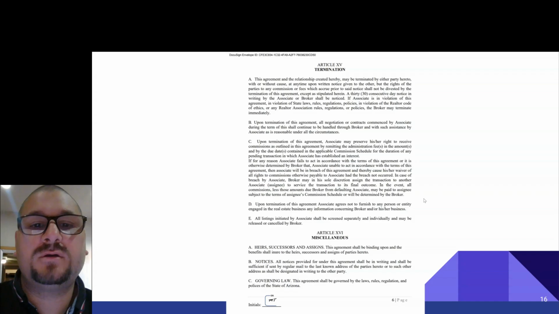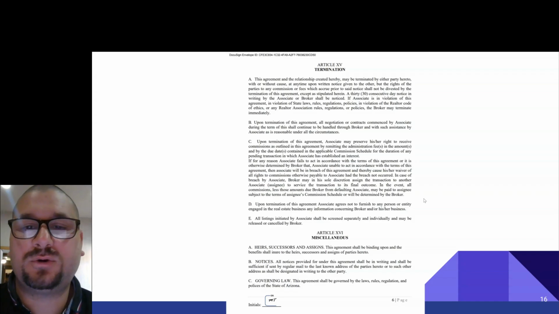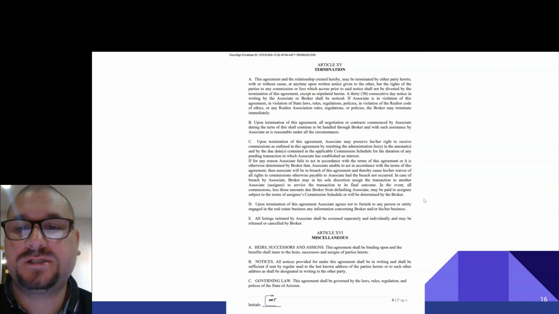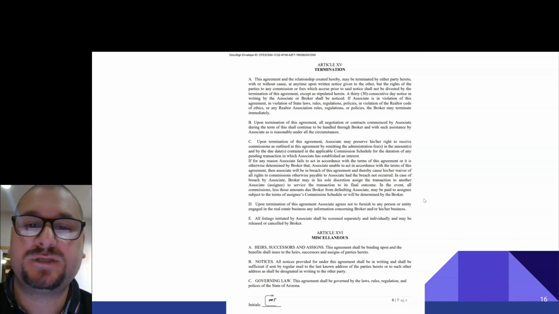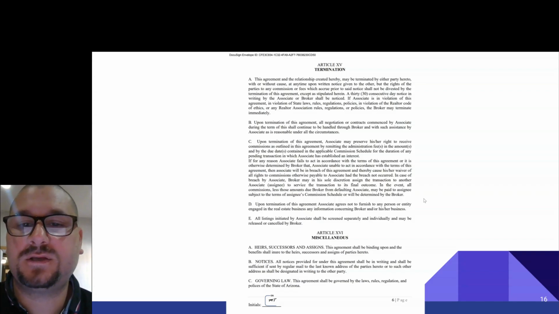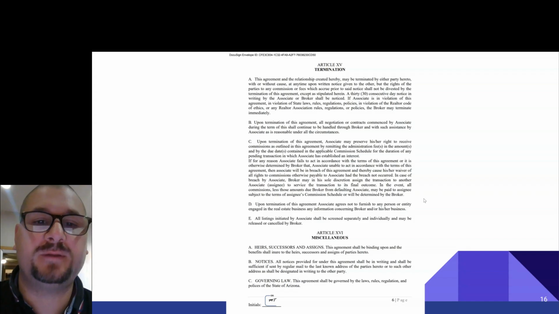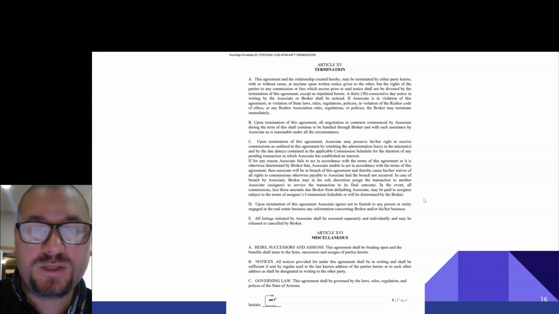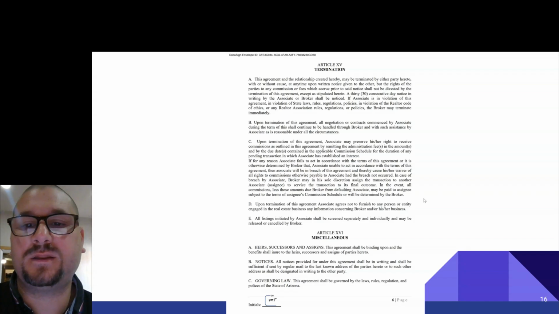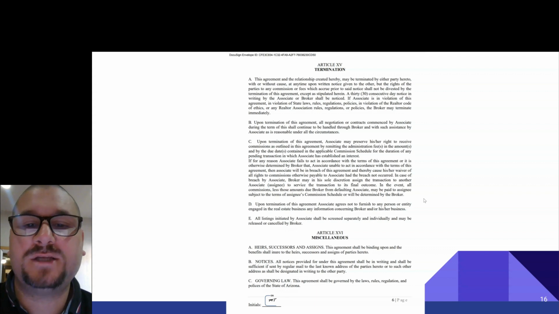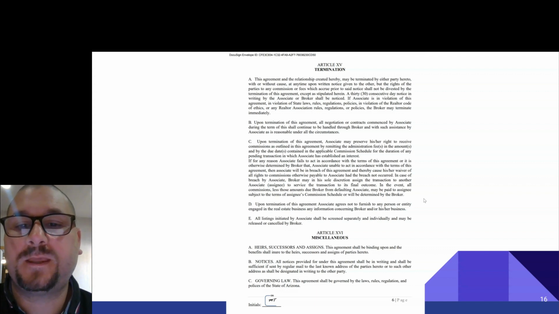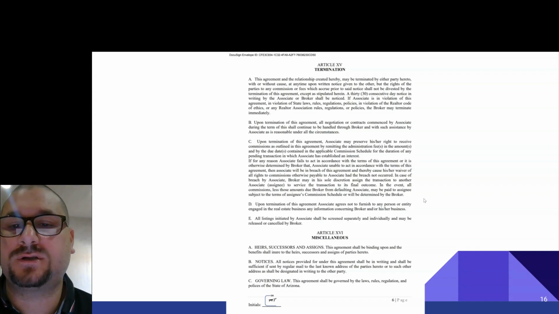If for any reason associate fails to act in accordance with the terms of this agreement, or it is otherwise determined by broker that associate is unable to act in accordance with the terms of this agreement, then associate will be in breach of this agreement and thereby cause his or her waiver of all rights to commissions otherwise payable to associate had that breach not occurred.